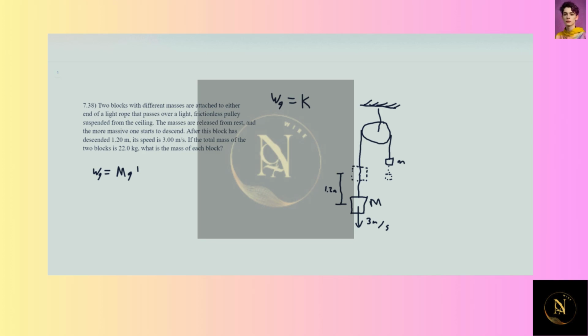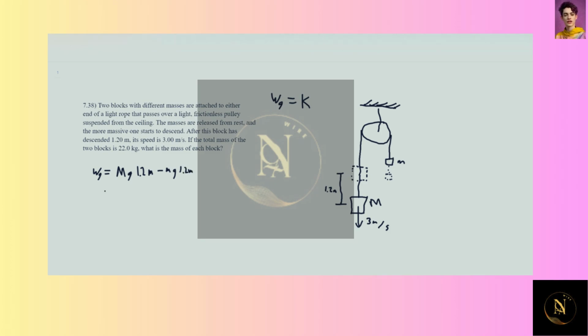So we have positive 1.2 meters. And then for the other one, we have a different force, little m times g, but it's going up, so it's against gravity. So we have minus little m g, 1.2 meters.